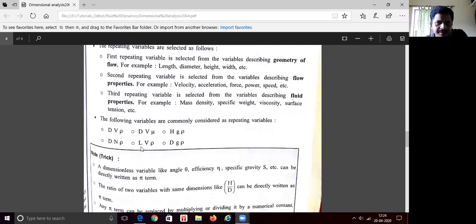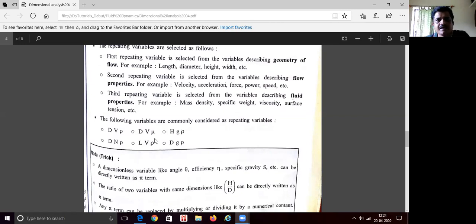I take only one example, the fifth one: L, that is a length, a geometric property, and V, velocity, a flow property, and the last one is rho, a fluid property. So, you remember this.